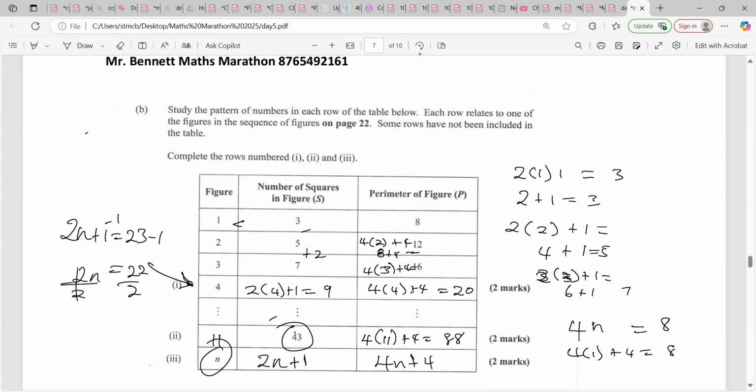That's not 88. 4 times 11 is 44, and then plus 4, so 48. No, wait. 2n plus 1 equals 43, so 2n is 42, so n is 21. So this is 21. Then 21, right?